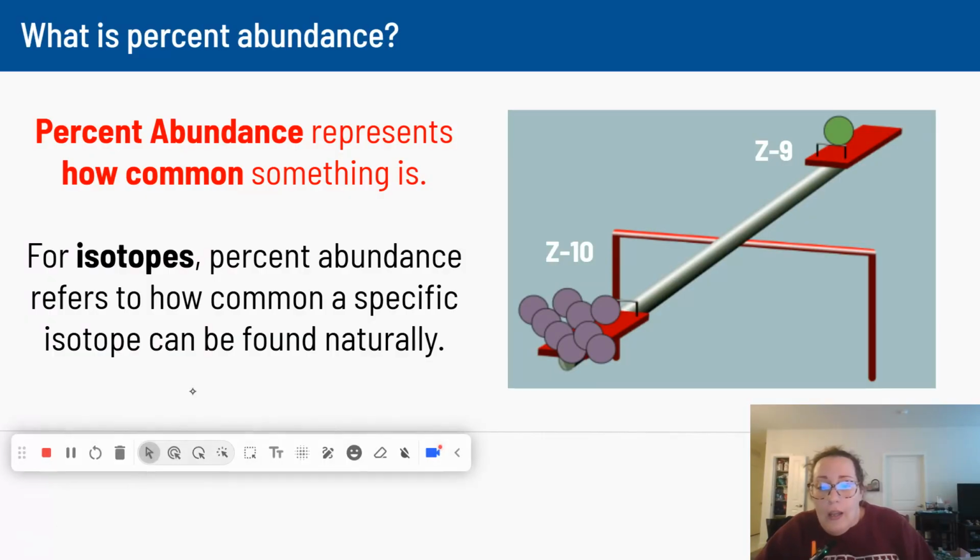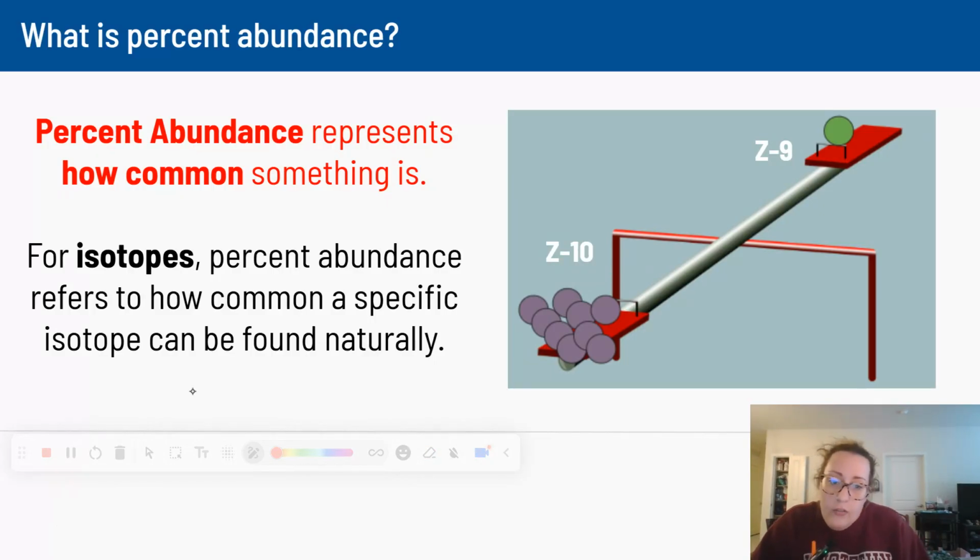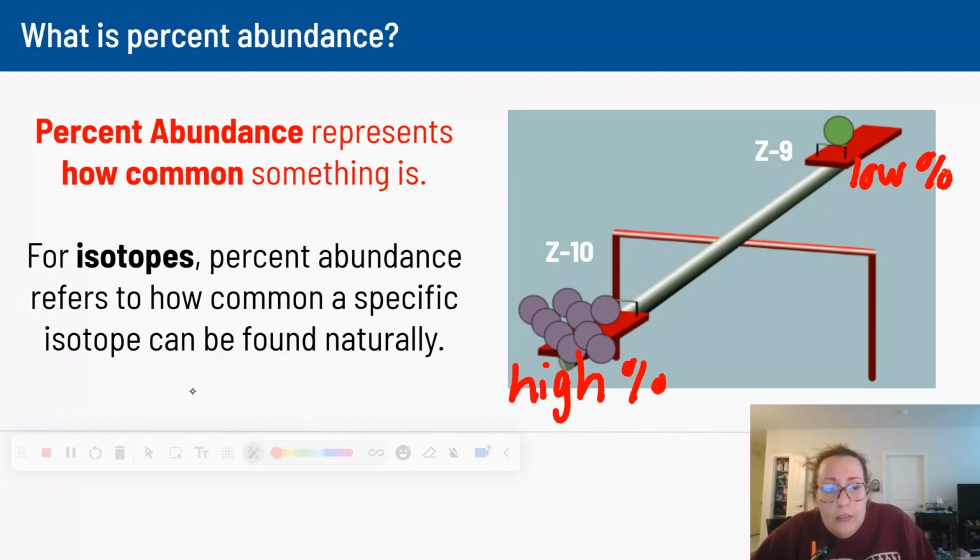So I have two isotopes over on the right. I have a Z-10, which is just like an unknown element, so an isotope with a mass of 10, and then Z-9, an isotope with a mass of 9. As you can see, we have a lot more isotopes that have a mass of 10, which means that this isotope is going to have a high percent abundance because we find it a lot. Whereas Z-9 is going to have a low percent abundance because it's not that common.